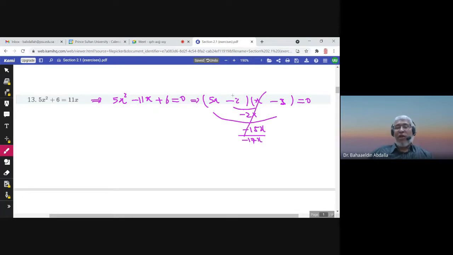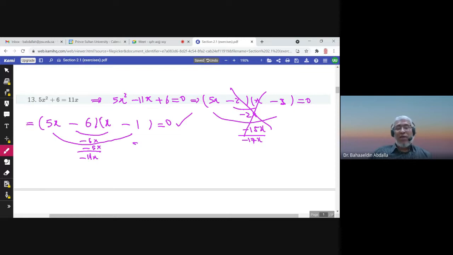So this will not work. But if you think a little, if you write 5x here and x here, and for 6, if you write 6 here and 1 here, then of course negative 6 times negative 1 is 6, but now we have negative 6x, the inner, and negative 5x is the outer, and the sum is negative 11, which is this one. So this is the correct form.